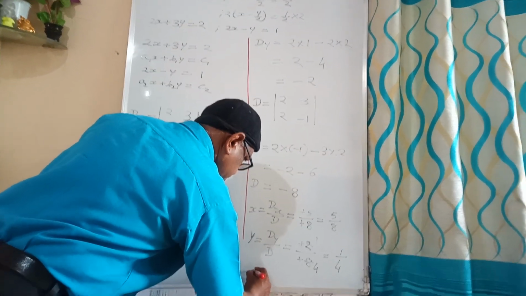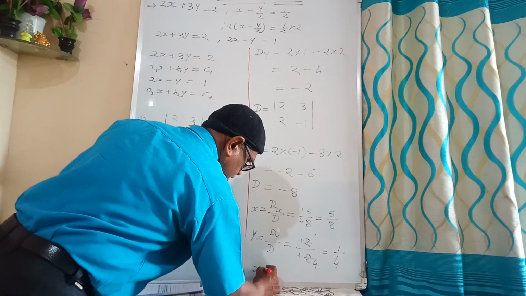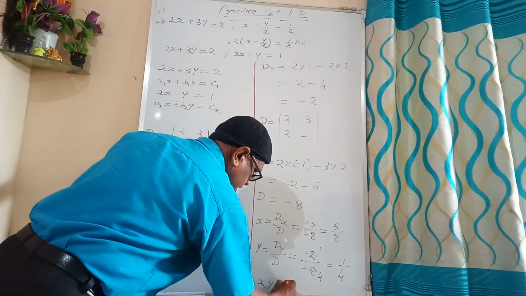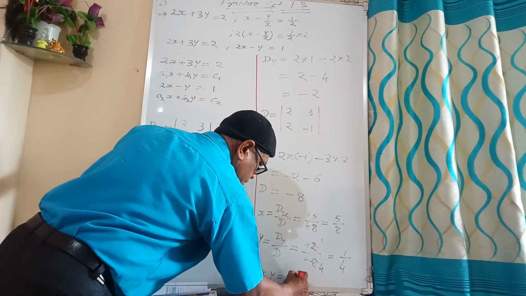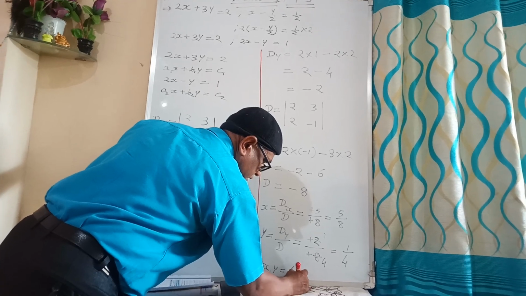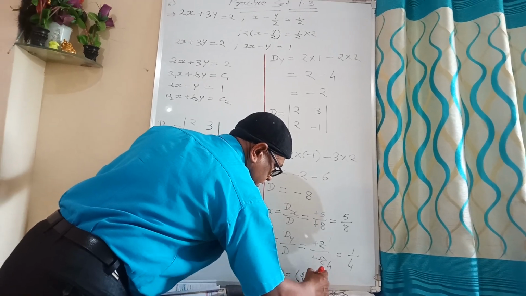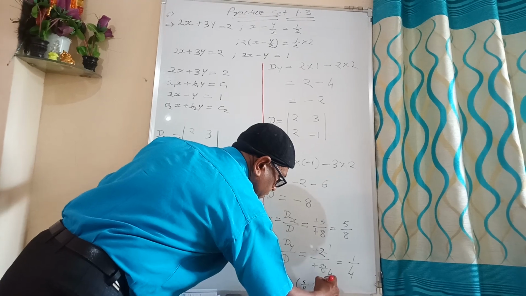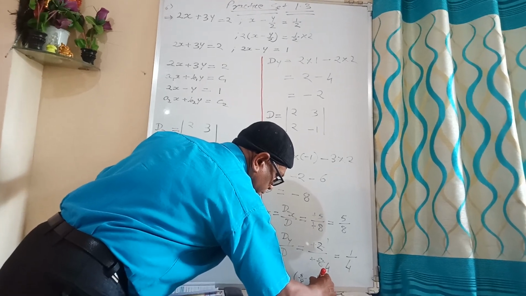Therefore the solution x comma y is equal to 5 upon 8, 1 upon 4.